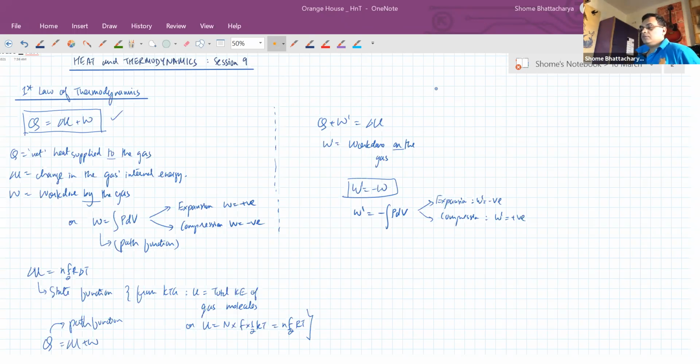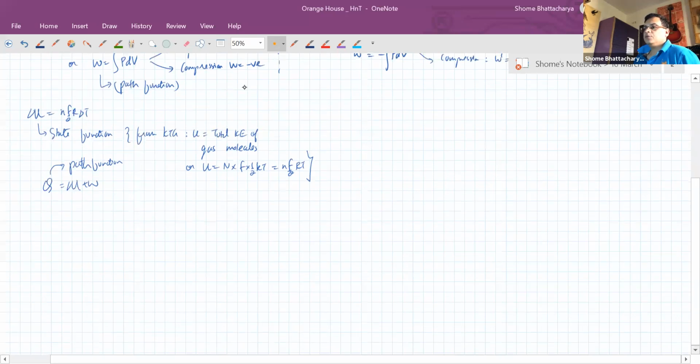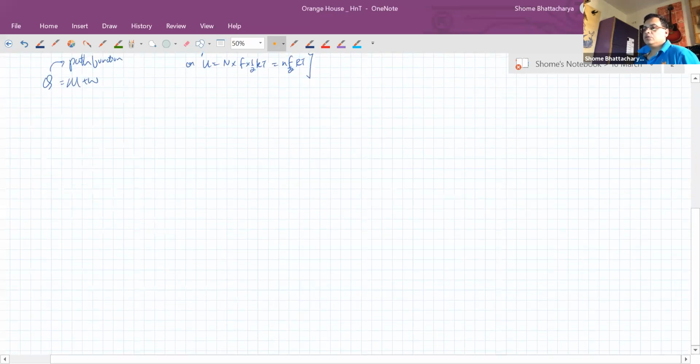Okay, then the next thing we had seen was the application of this first law of thermodynamics for the four standard processes. So we'll quickly go through that once more.